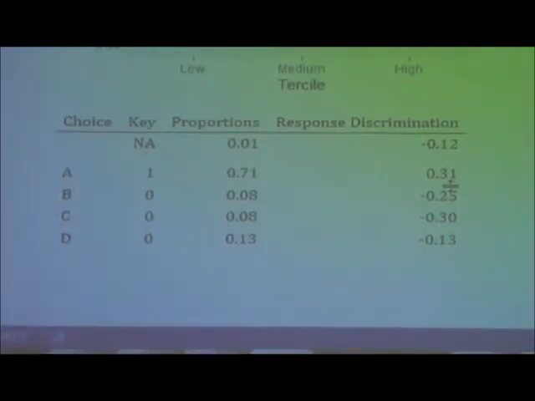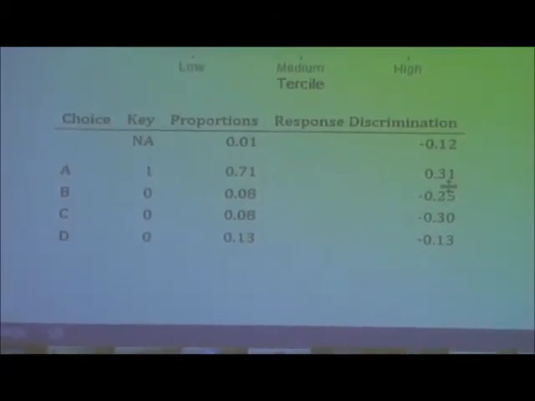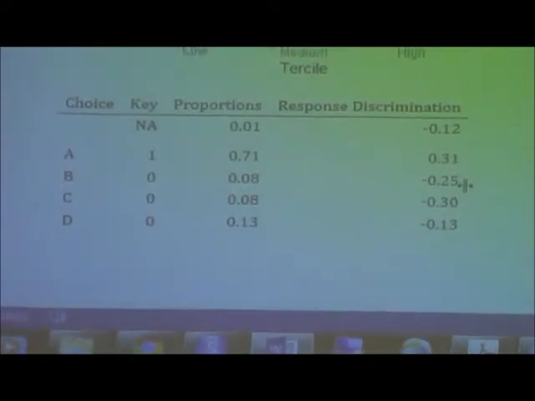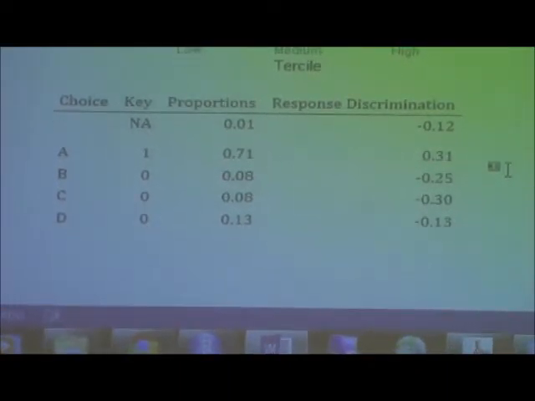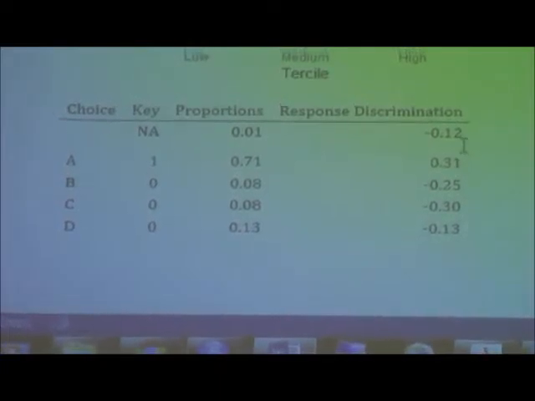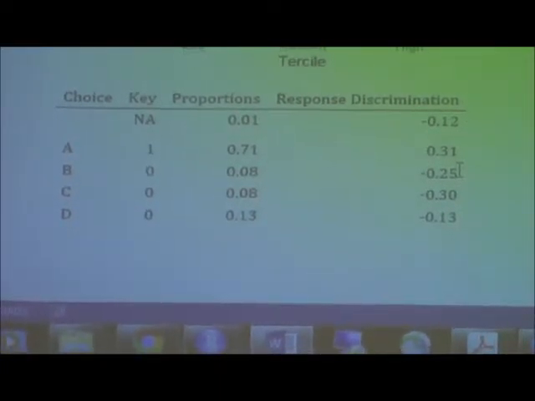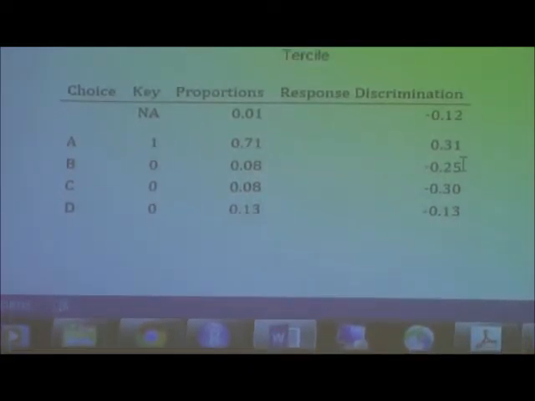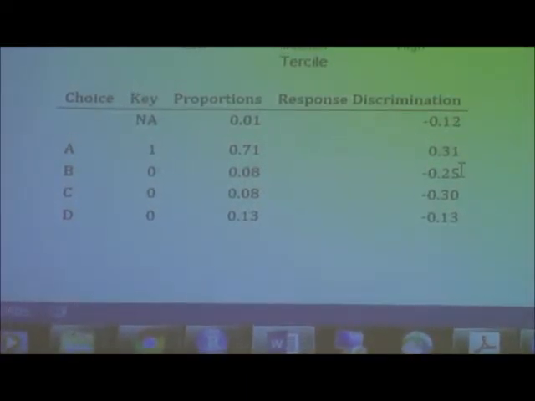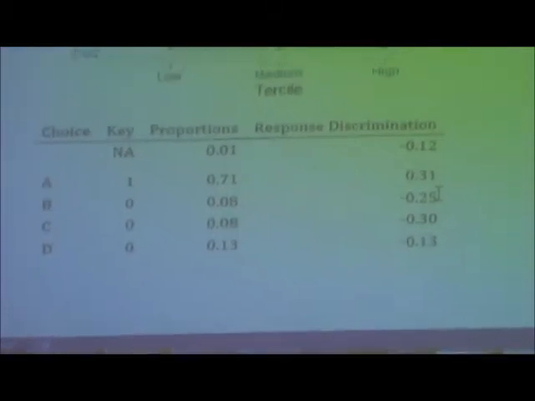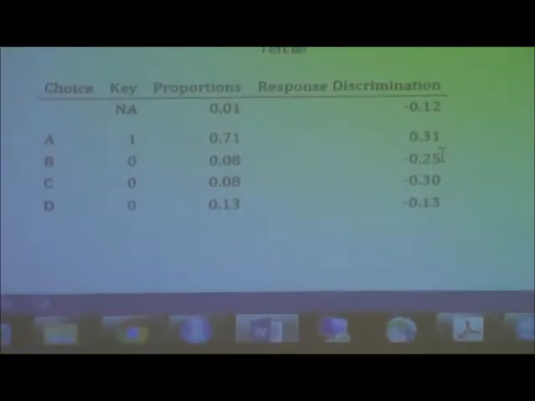But the correct way is to take only the students who selected that wrong option, say B, and correlate that with the students who got it right. Instead of B, C, and D against A, you want B to A and C to A specifically. That's the actual correct way to calculate this, and no one else does this. So this is new and it's pretty good.